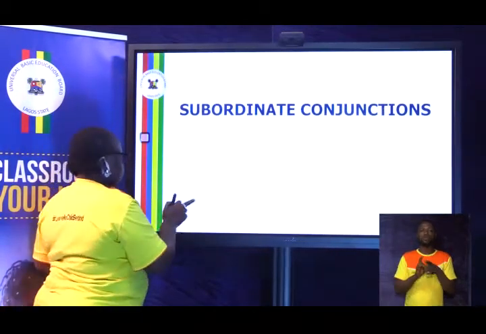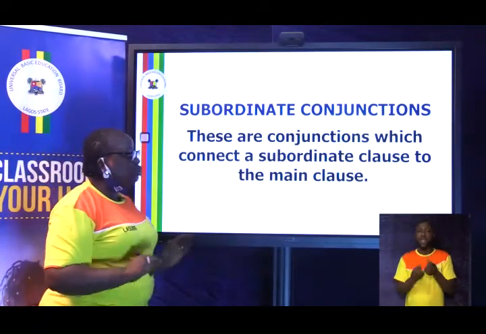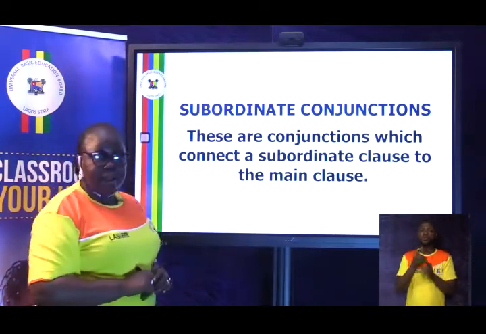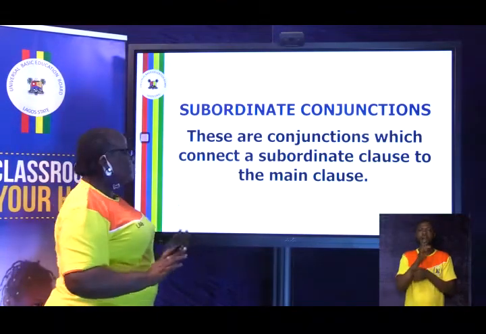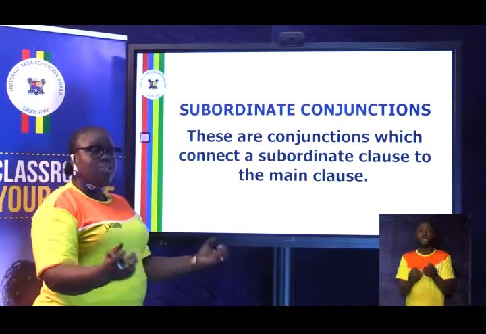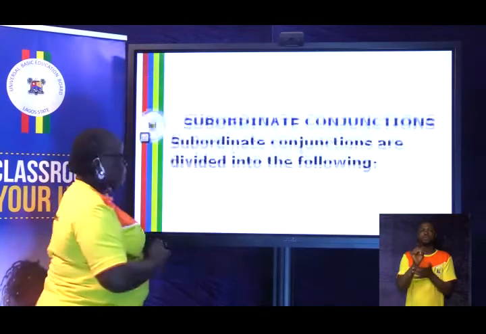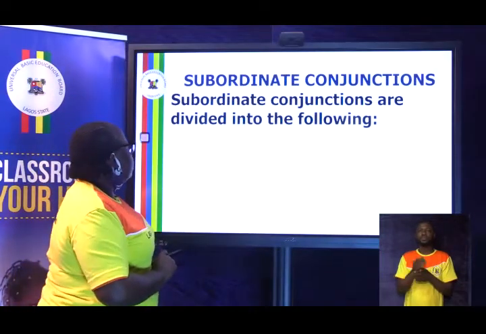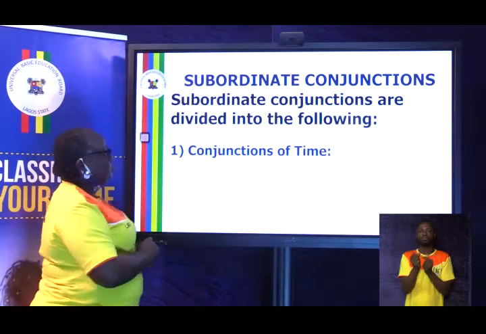Subordinate conjunctions. These are conjunctions which connect a subordinate clause to the main clause. Subordinate conjunctions are conjunctions or linkers that connect a subordinate clause to the main clause. They are divided into the following groups.